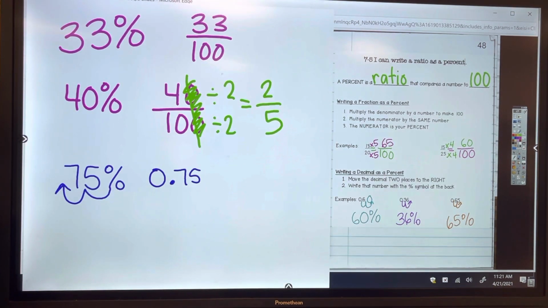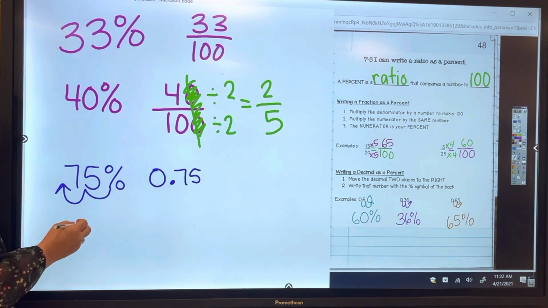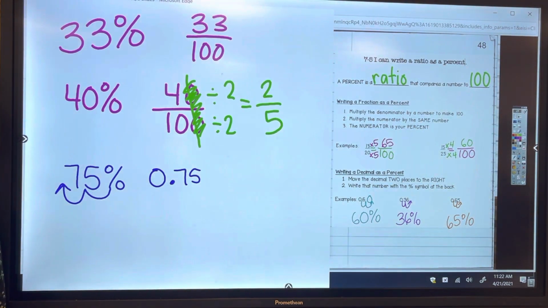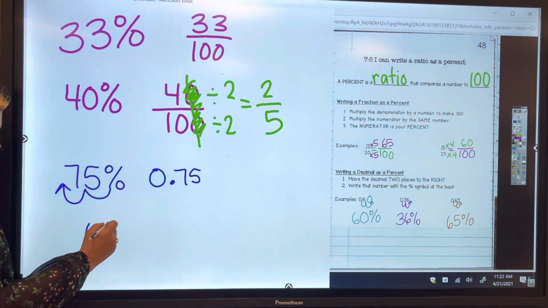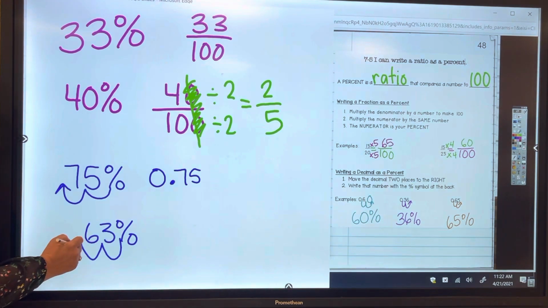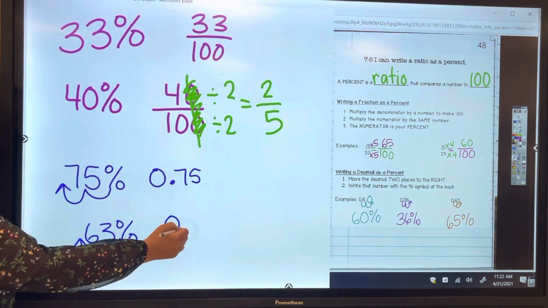Easy, right? Let's try another one. Give me a percent off the top of your head. 63%. What are we going to do? Move it to the left, and it's going to be 63 hundredths.